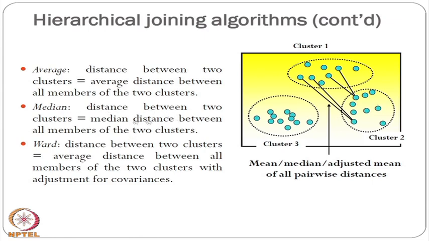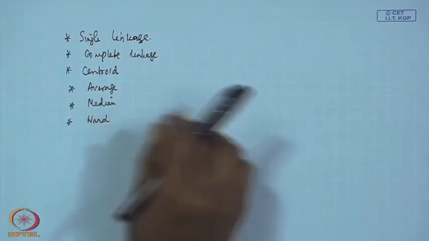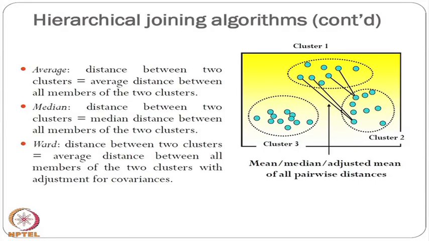In the median case, it is the median distance between all members of the clusters. All of you know the median. So, find the distances, arrange them from smallest to largest, and get the median value. What distance? The average distance between all members of the two clusters with adjustment for covariances.